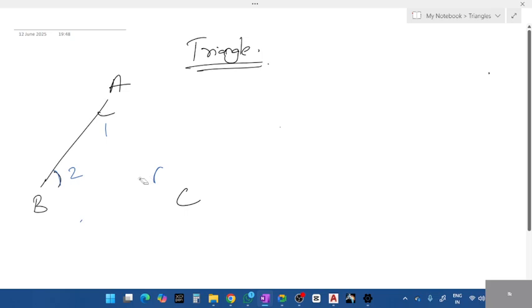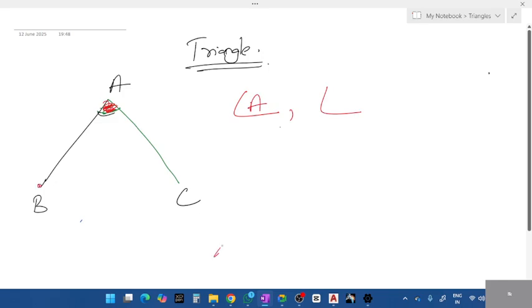Fine. Now let me take only two lines. In these two lines, which is the angle formed, students? What's the angle formed? Angle A is formed. See, you can write angle A, or how did this angle A form? From where did we start?